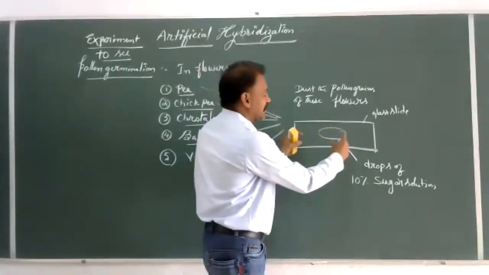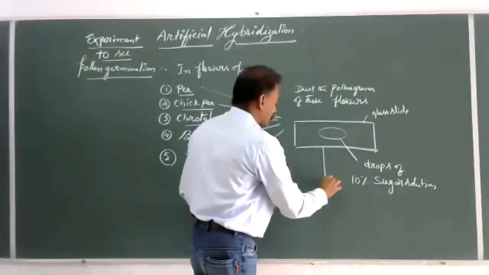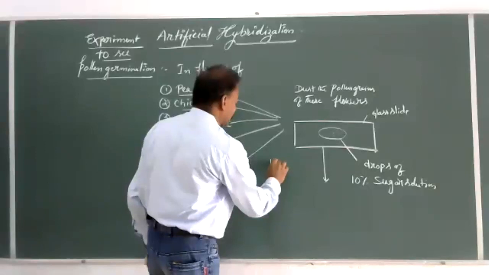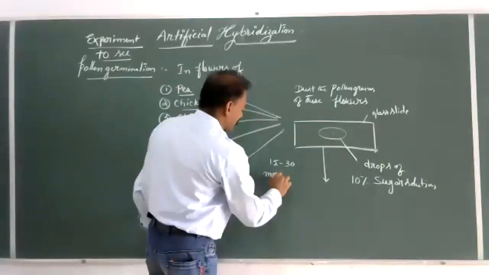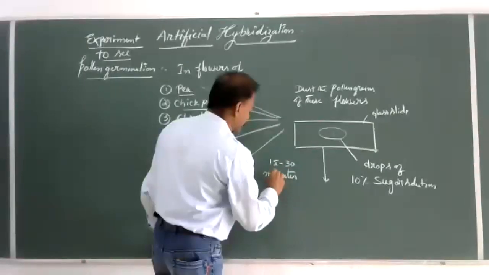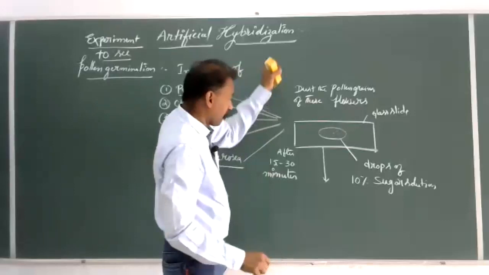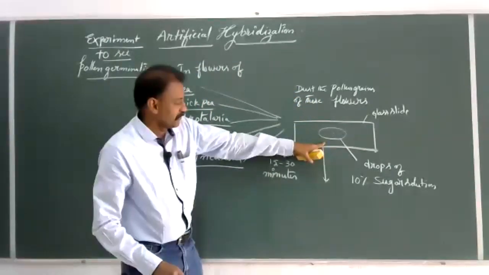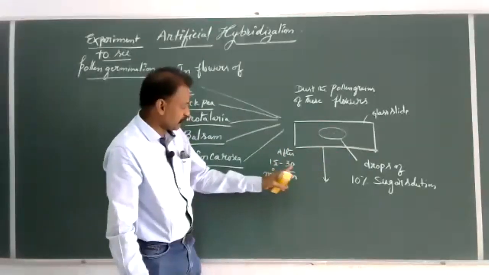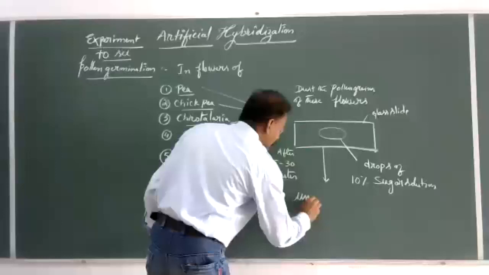Now, take this slide with pollen grains, see under the microscope after 15 to 30 minutes. 15 to 30 minutes after dusting the pollen grains on the slide, under a light microscope.